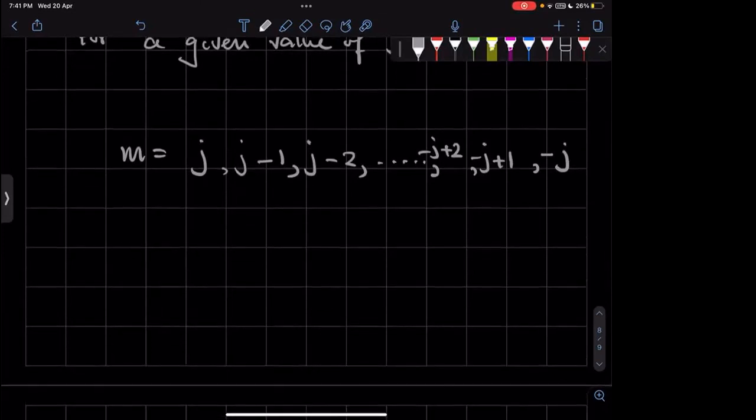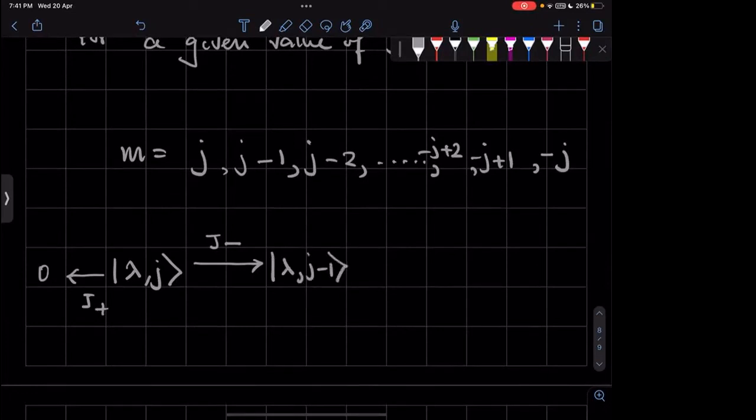Okay, so let's draw this whole thing as a ladder. I'm going to take the ladder and put it on its side just for convenience. So here we have the highest weight state, which is lambda j. Now, if I apply J plus to this, then we get 0. If I apply J minus to it, I get lambda j minus 1.